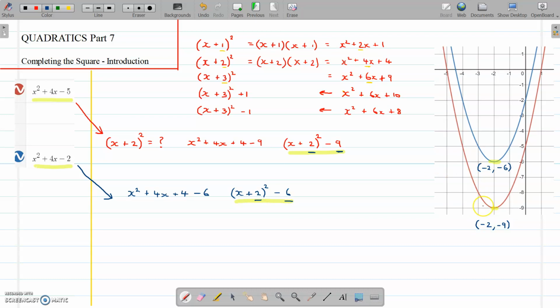So in general, if you've got the quadratic that begins x squared plus bx plus c, to begin the completed square process, you need to consider x plus a half of b, all squared.